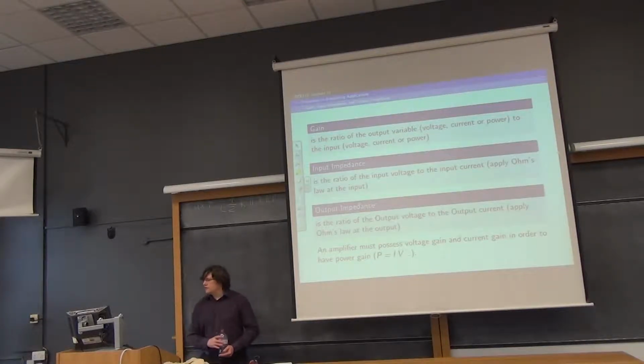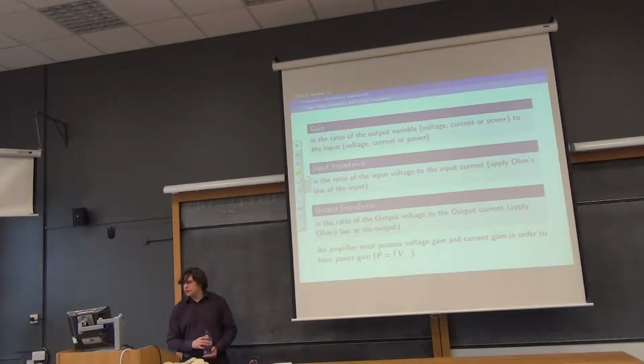If I asked for a definition of gain, gain is the ratio of the output variable, any of those 3, to the input variable, which could be the same. So gain is not necessarily unitless, although if it was volts out and volts in, it would be. It could be current out and volts in, in which case the units of gain would be 1 over ohms, which would be Siemens.